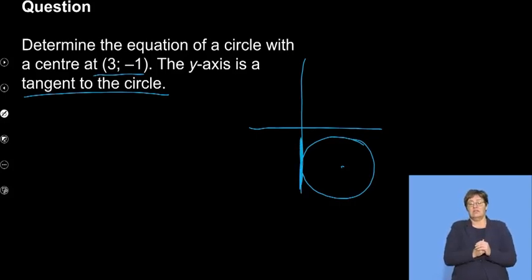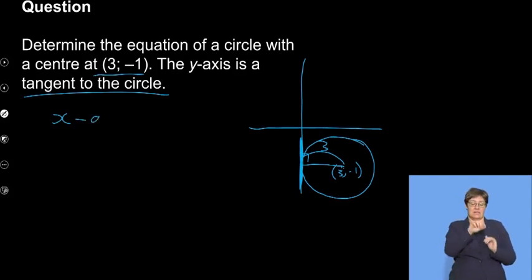And if that's the case, it tells us that these are perpendicular, then the radius will be, since this was 3 and minus 1, the radius will be from there to the point 3 and minus 1, which will make it 3 units. So you see already from that I know x minus a all squared.